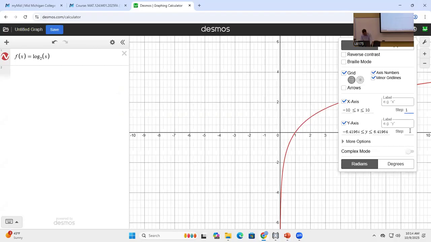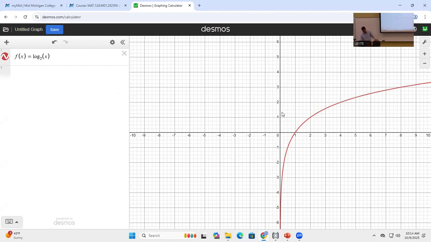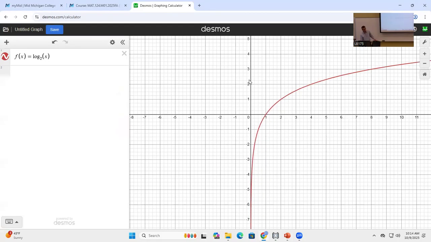Notice that we have an asymptote at x equals 0, that vertical line. As we move to the right, it shoots up. As we move to the left, we shoot down towards negative infinity as we get closer to x equals 0.